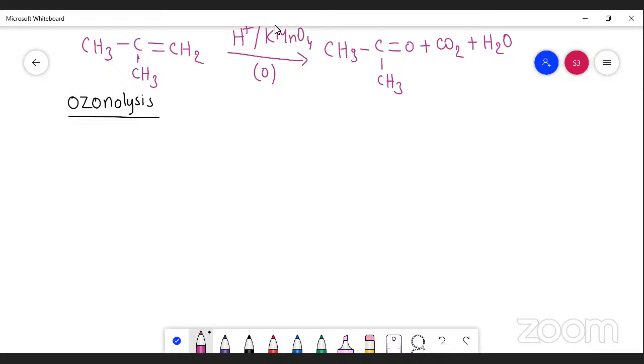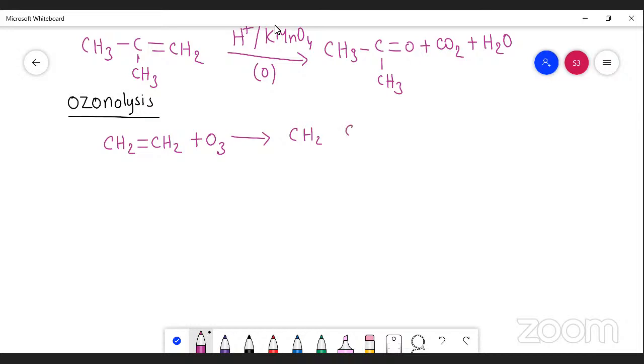Suppose we are taking any alkene, for example ethylene, that is CH2=CH2. When it is reacted with ozone, O3, it forms the ozonide. Ozonolysis is a process of cleavage of the double bond, that is, the double bond will be cleaved completely.